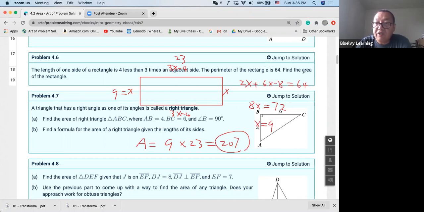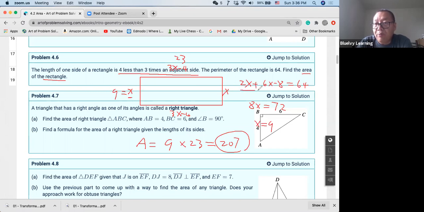They ask you to find the area of this rectangle. To do that, you need to find the length and width. Let's suppose the shortest side, or width, of this rectangle is x. Then the length, that's 4 less than 3 times the adjacent side. So that means this length will equal 3x minus 4.